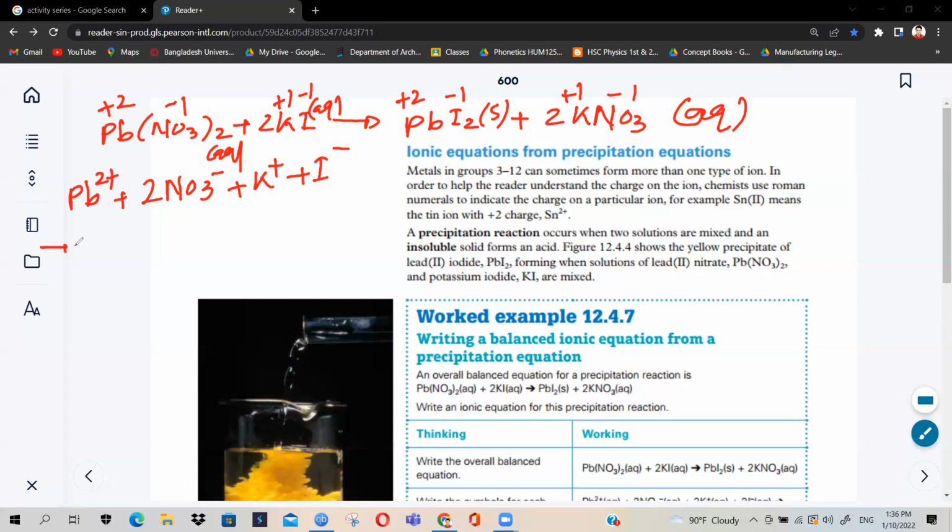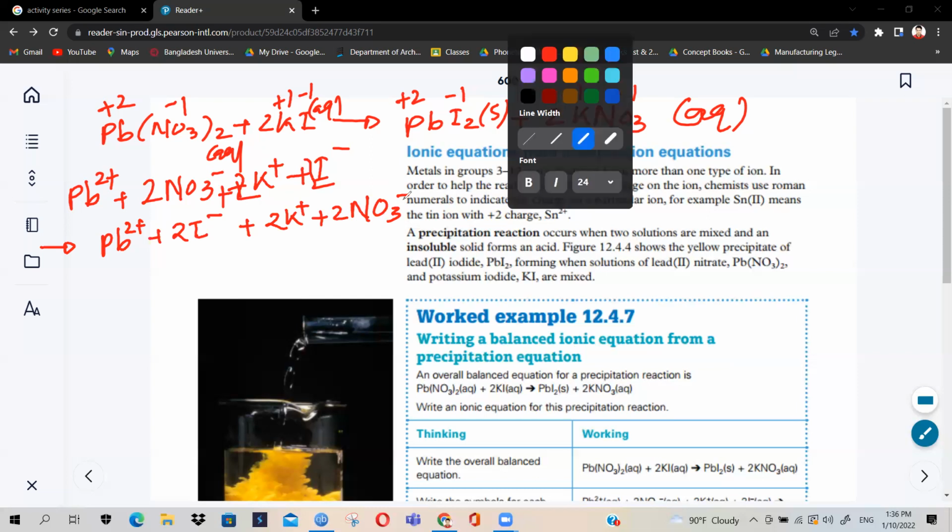Then we'll write again Pb2+, 2I-, this will be multiplied by 2, and then 2I-, plus 2K+, 2.